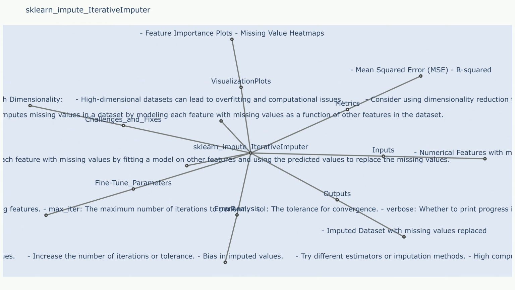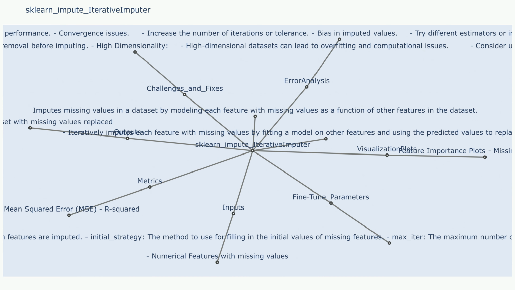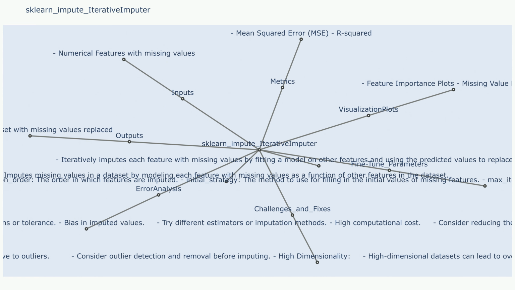Lowering the number of iterations, max_iter, can decrease computational time without sacrificing imputation accuracy. Choosing simpler estimators. Using simpler estimators like linear regression or decision trees can reduce the computational burden. Parallel processing, if possible. Leveraging parallel processing or distributed computing can accelerate the imputation process.